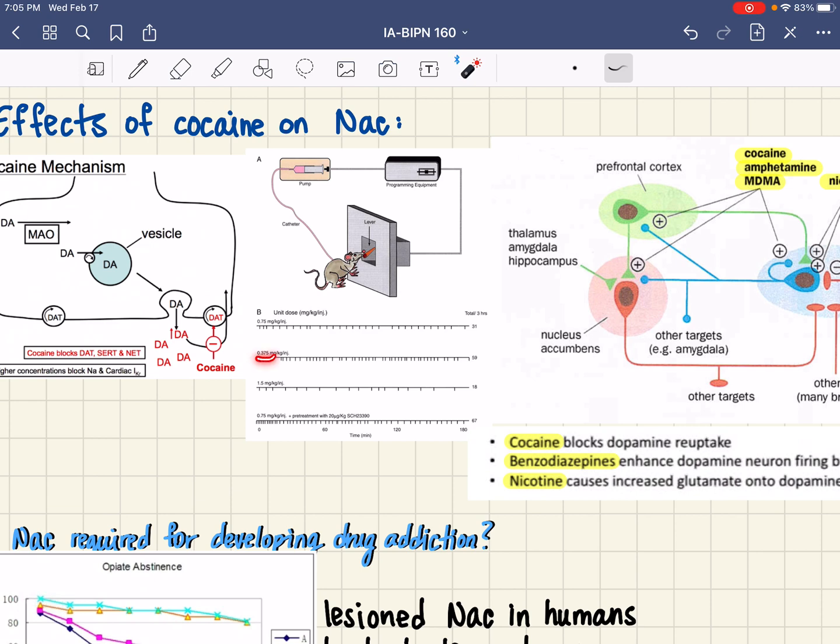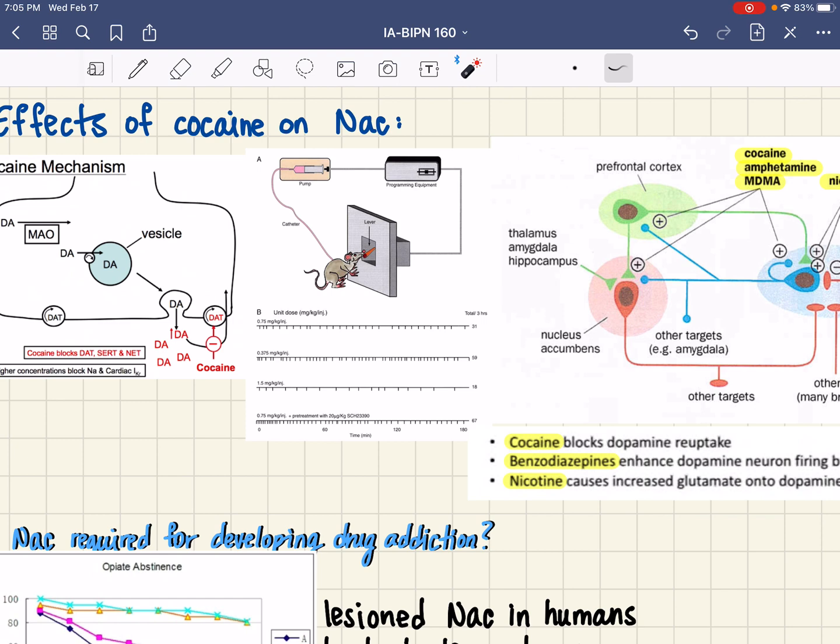If they reduced the concentration of cocaine given through the catheter, then the mouse would push the lever more. And if they increased the concentration of the cocaine, then the mouse would push the lever even less, because it was regulating how much cocaine it wanted to get.